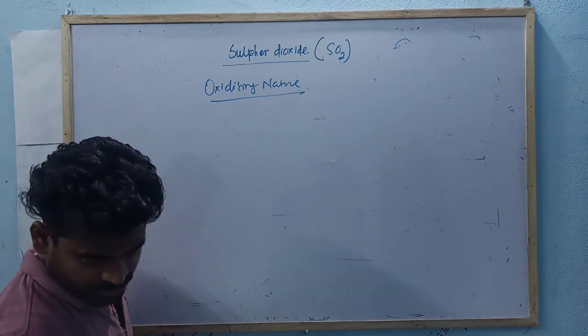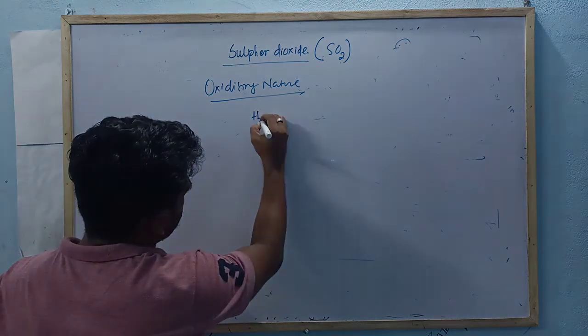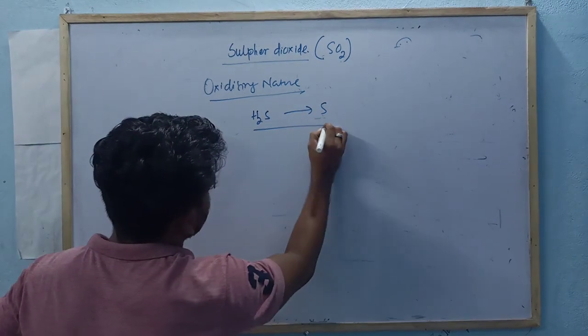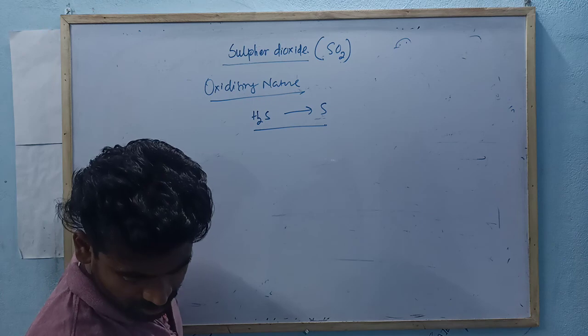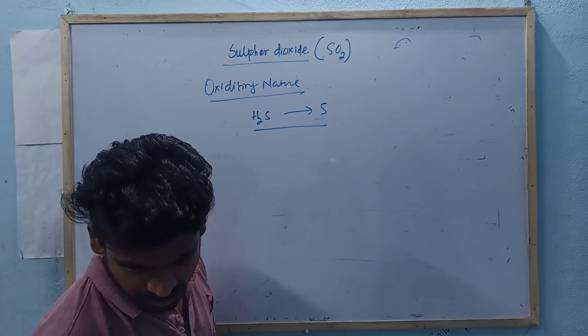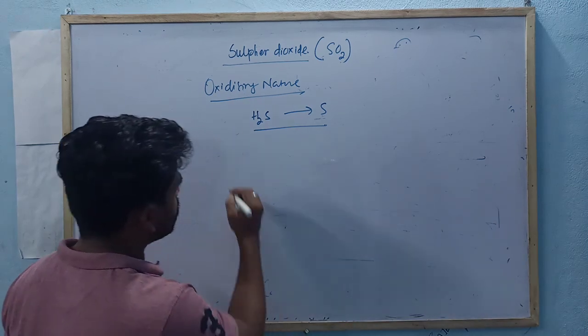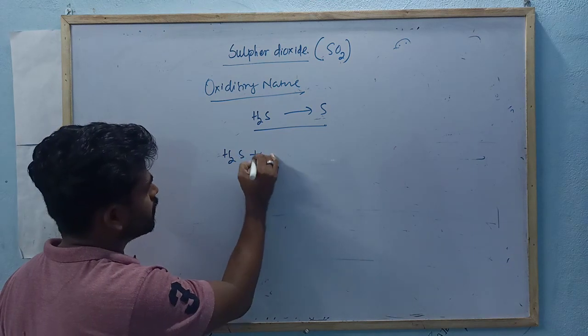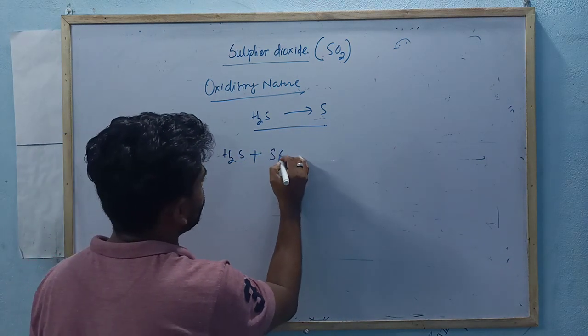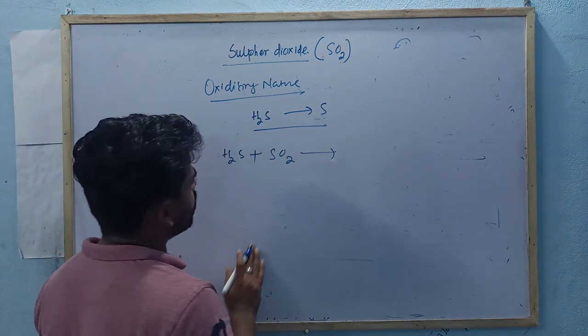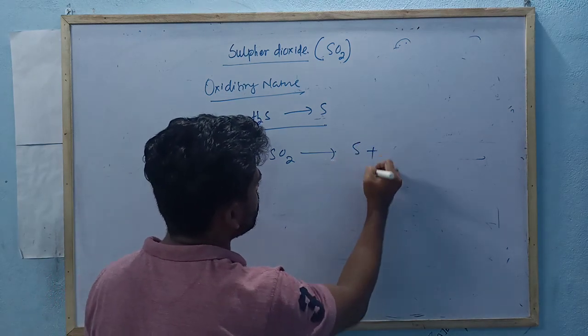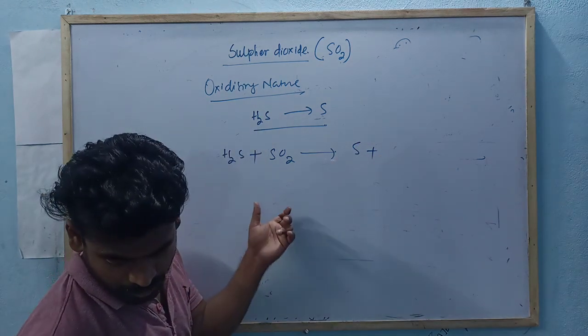So the first one is it oxidizes H2S to sulfur. The reaction is H2S plus sulfur dioxide will give you S plus, then tell me what will be the byproduct?